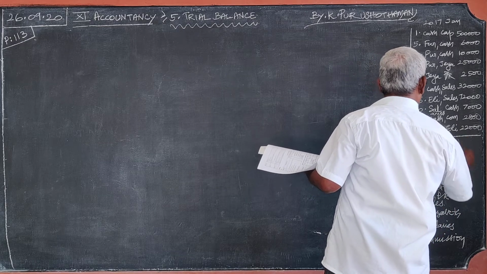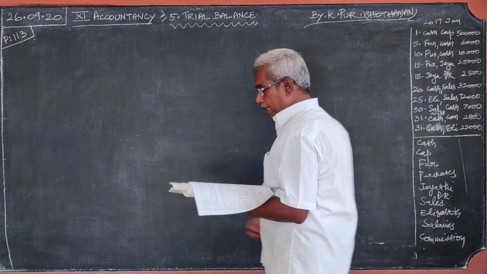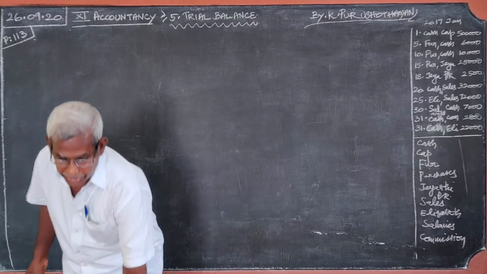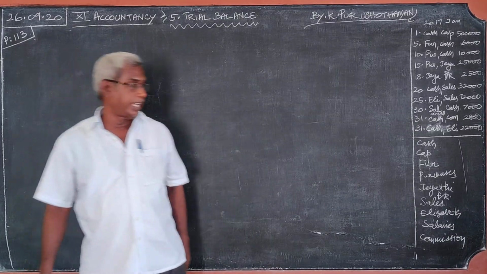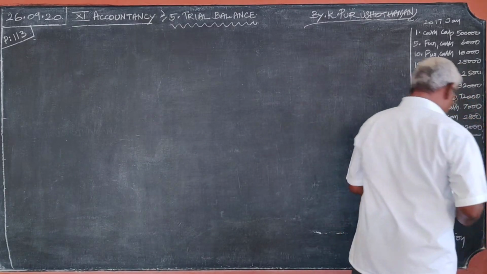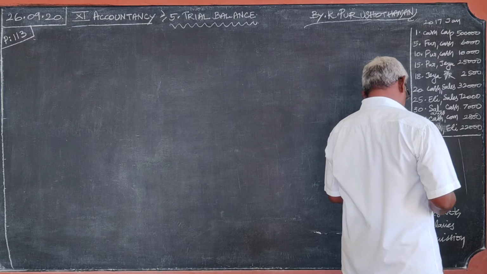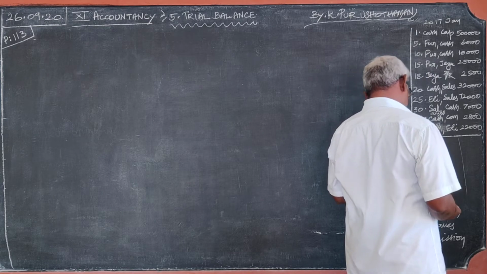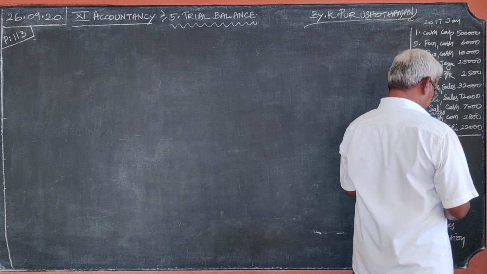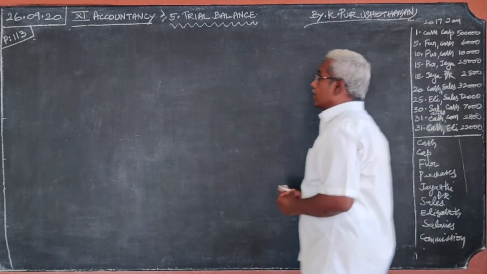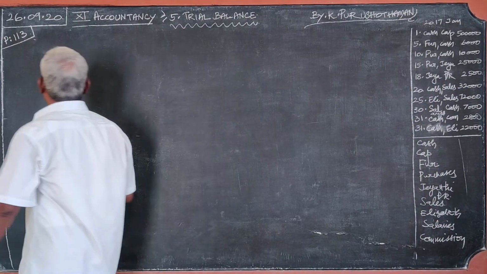So there are 10 ledger accounts we should prepare. With these 10 transactions, we should prepare 10 ledger accounts, and what we are going to see now: the very first ledger account is the cash account. We shall see it now.